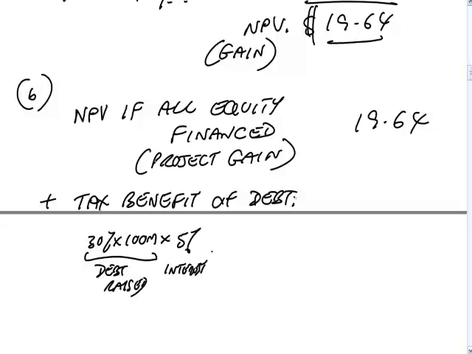You all still with me? Everybody? And how much tax will we save, therefore? Well, you'll save the tax each year on that much interest. The tax rate is 30%.